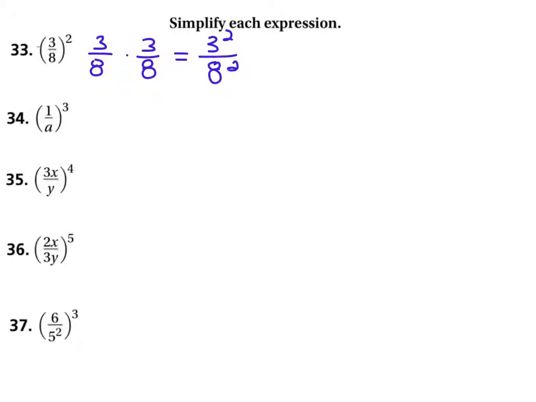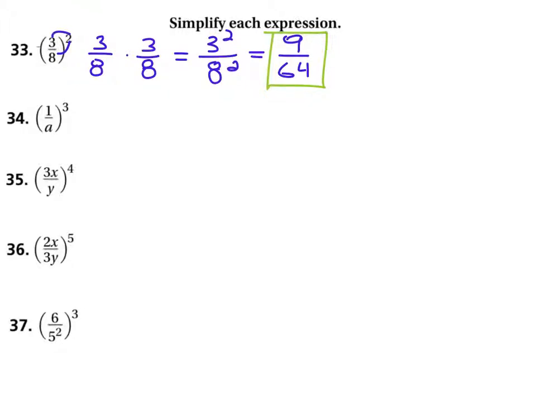You can see how that gives the exponent of 2 to both the numerator and the denominator separately. Now, these are numbers that we can actually calculate. 3 squared is 9. 8 squared is 64. And that becomes our final answer.